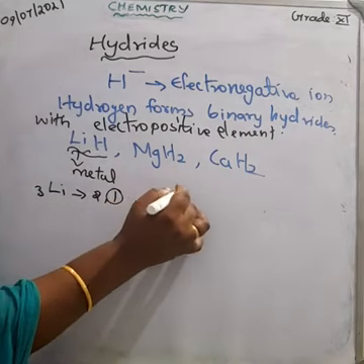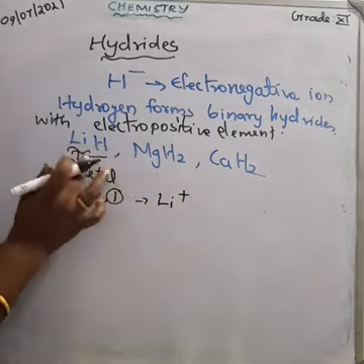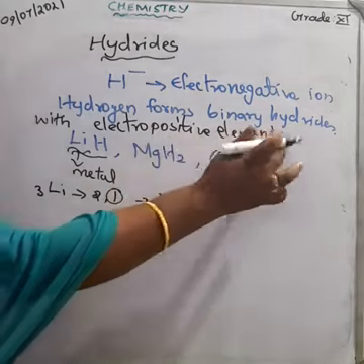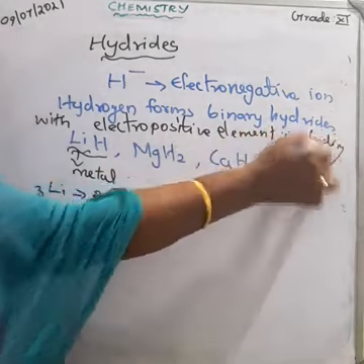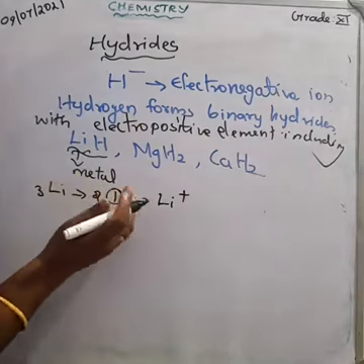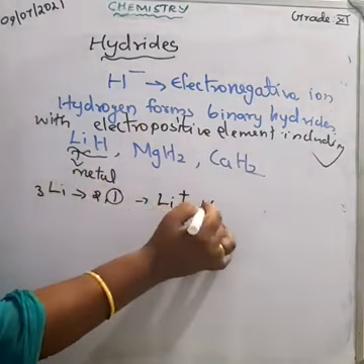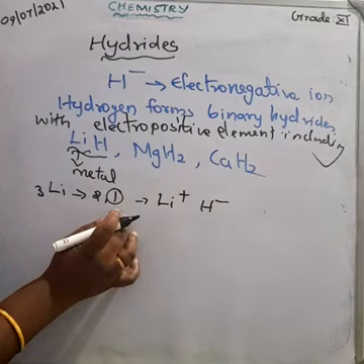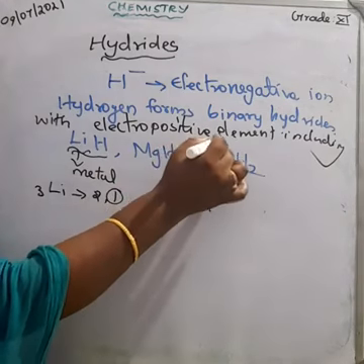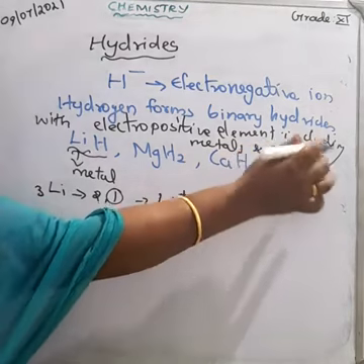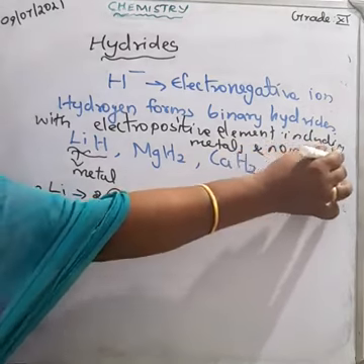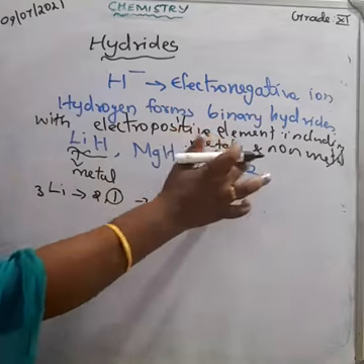When the lithium atom gives one electron to the hydrogen atom, hydrogen becomes hydride, H minus, in lithium hydride. Understand?